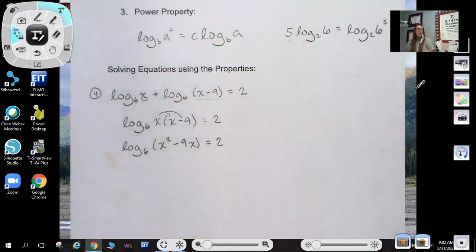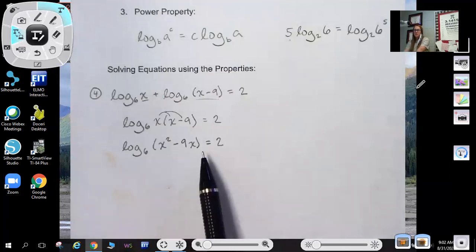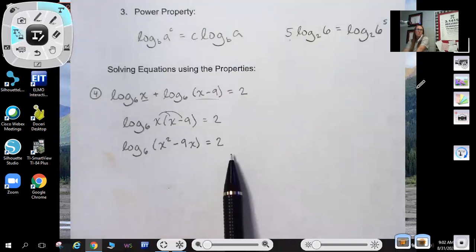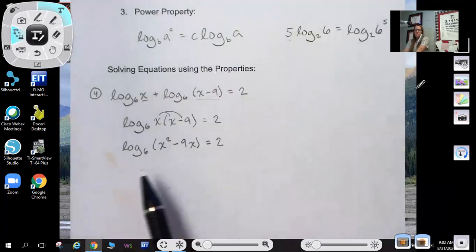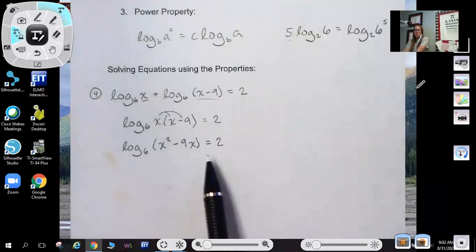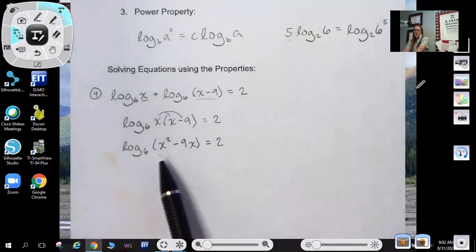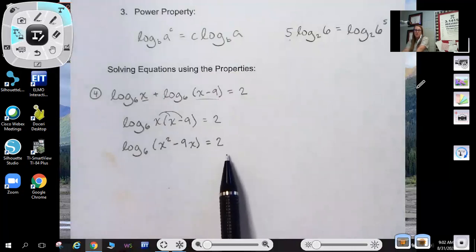Now we're coming across something that we've not had yet so far today: a logarithm on one side set equal to just a number. On the front page, we had a logarithm equal to a logarithm. Now we have a logarithm equal to a number.